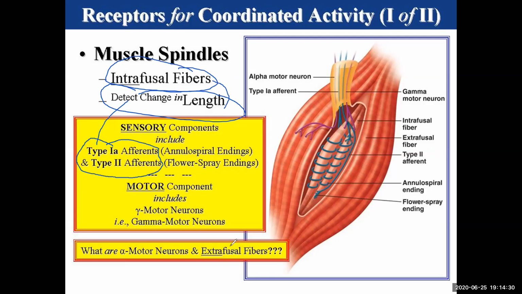Extrafusal is the contractile skeletal muscle fiber responsible to contract the entire organ, right? So the extrafusal fibers are not part of the muscle spindle. They have nothing to do with the sensory notification back to the central nervous system about the length status of the entire organ.